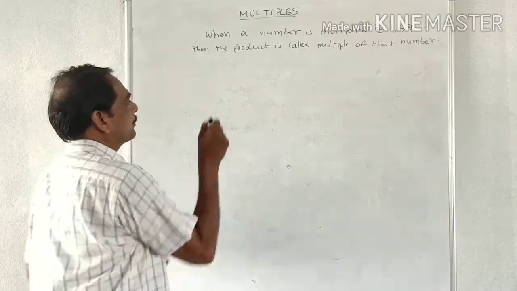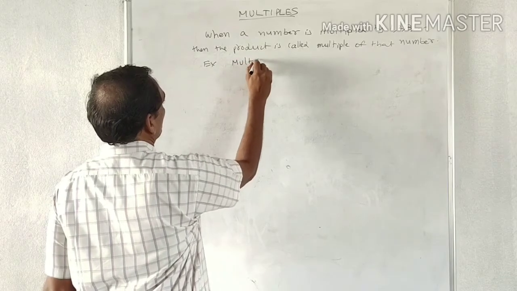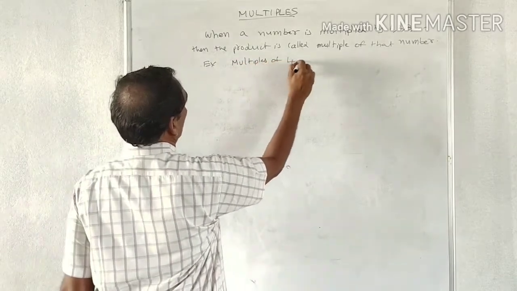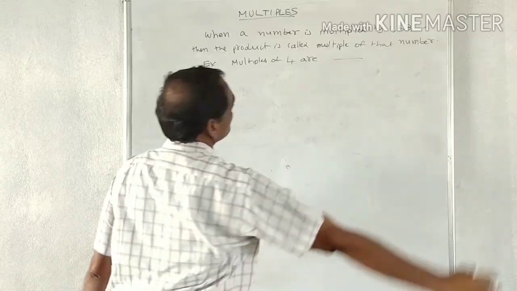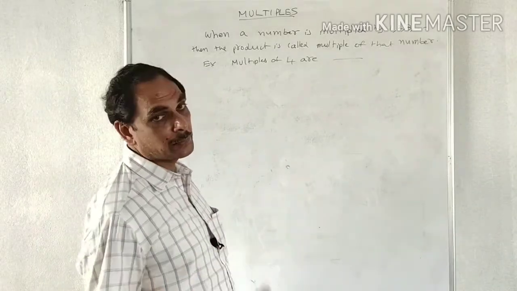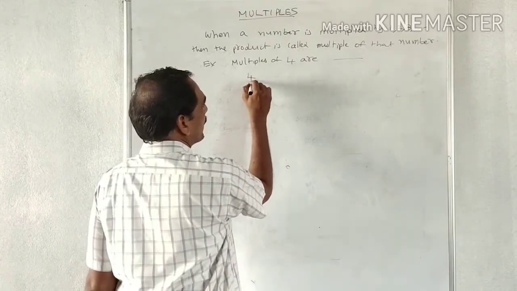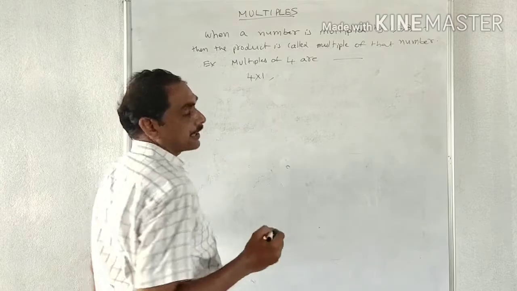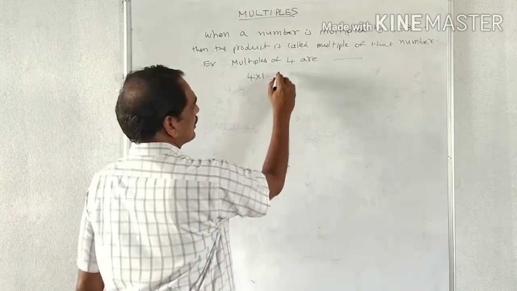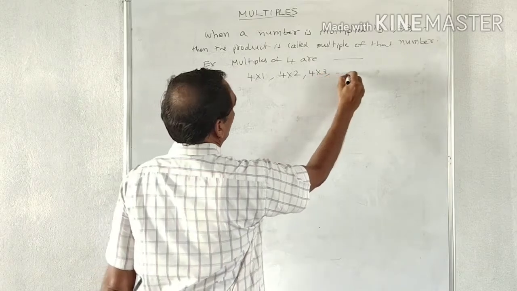Suppose, for example, multiples of 4 are dash. So here we are going to find the multiples of 4, by multiplying the number with 1, 2, 3, and so on.